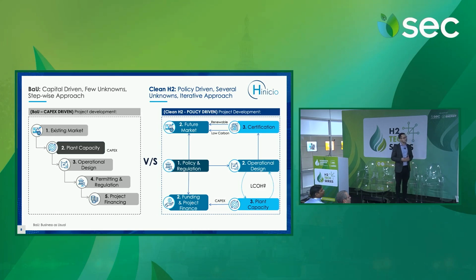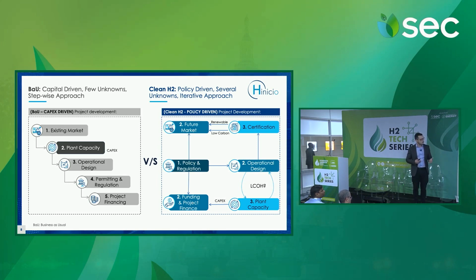On the other hand, when we look at clean hydrogen, the first step is not the existing market anymore, because there is no existing market for clean hydrogen, but it is policy and regulation. Through policy and regulation we go and see the future market, because it has to have the right attributes.